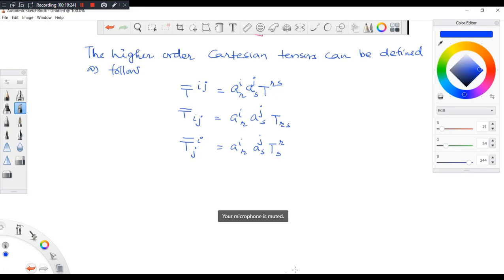How will you find out the components in the other coordinate system? And the last for covariant, I have given a problem also. I think you might have done it, and if you did not do it, you can talk to me.